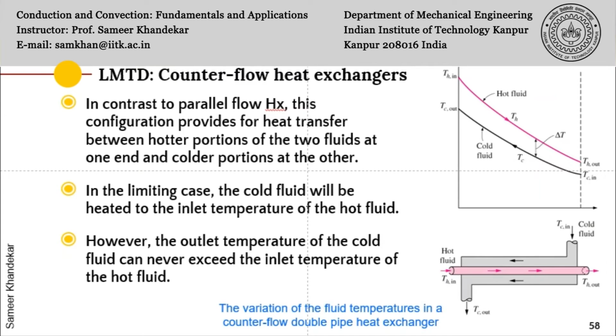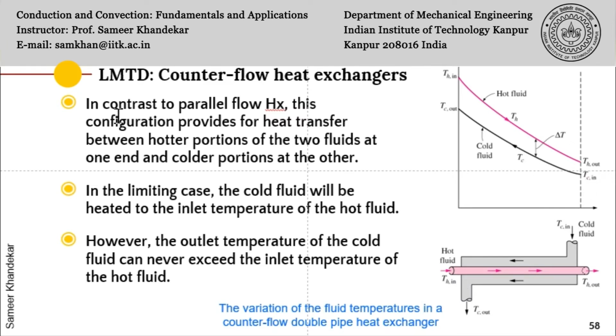Moving on to slide number 58, we will now take up the counterflow heat exchanger. Now in a counterflow heat exchanger, you remember in the diagram as seen, qualitatively the temperature does not vary as we have just seen in a parallel flow, because here the hot side fluid enters from one end of the heat exchanger, the left side in this diagram, but the cold fluid enters from the right hand side.